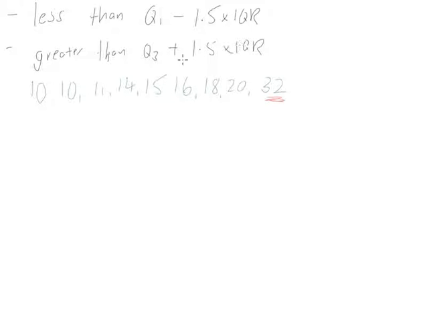Q1 and Q3 are quartiles, so we need 4 quarters. Firstly, the median. Counting in from both ends, the median here is going to be 15. That's 4 scores either side.